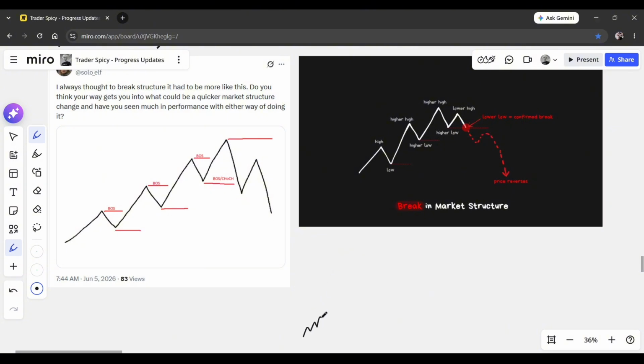So imagine we have a bullish structure, and then we have bearish structure. So clearly somewhere in this range or in this area, something happened which caused a reversal in the direction of price or the trend, right?